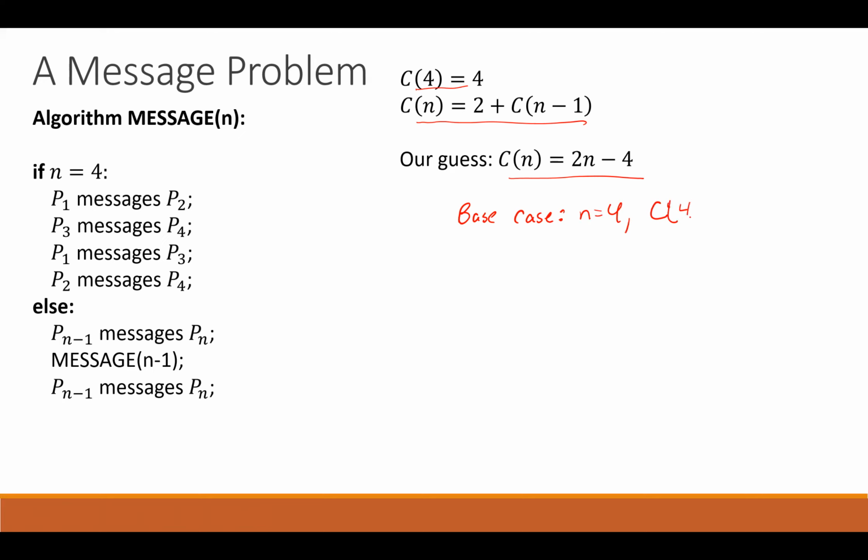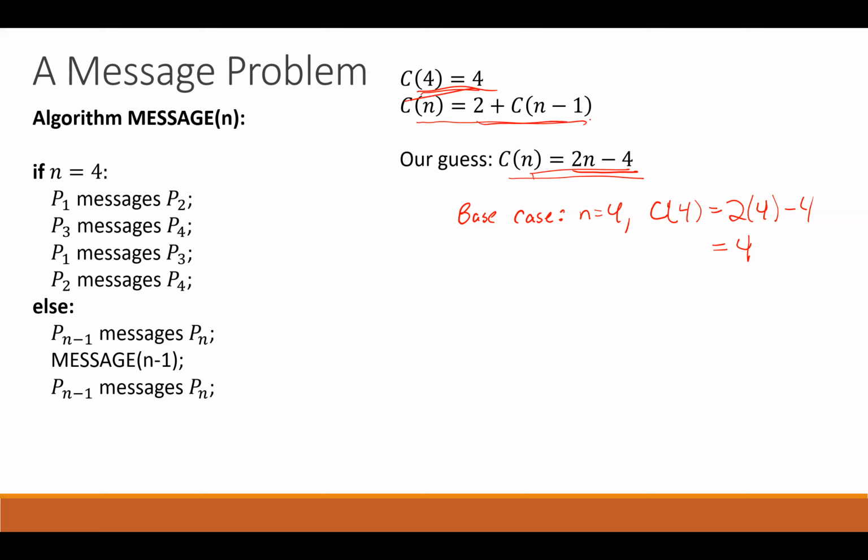And C of 4 is equal to 2n minus 4. So 2 times 4 minus 4, which is equal to 8 minus 4, which is equal to 4. So now my base case is true because that's what it is, right? So this closed form is true for this base case.